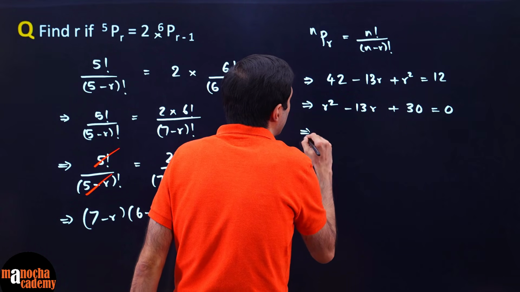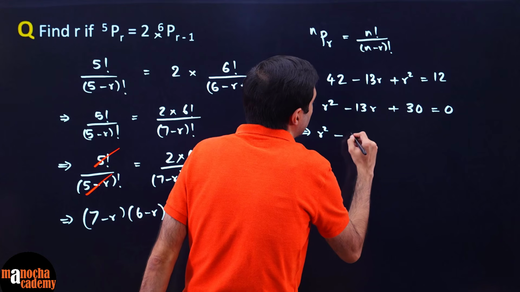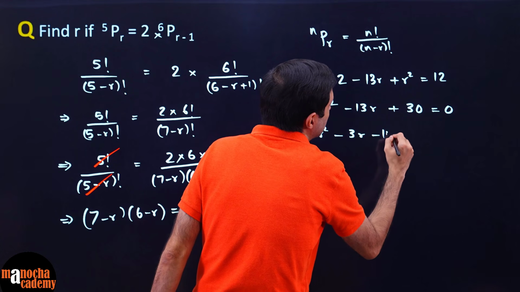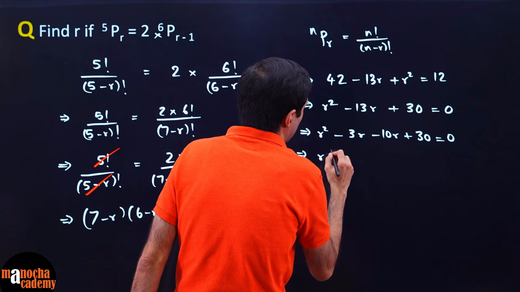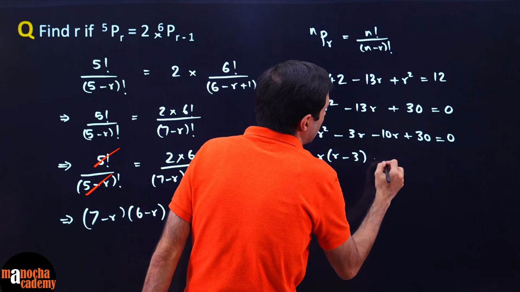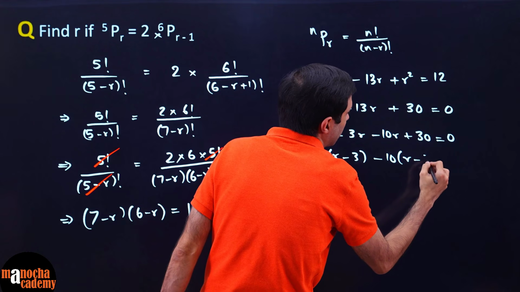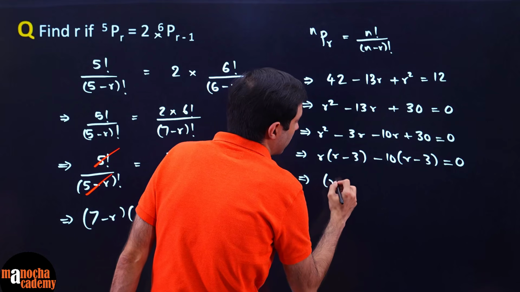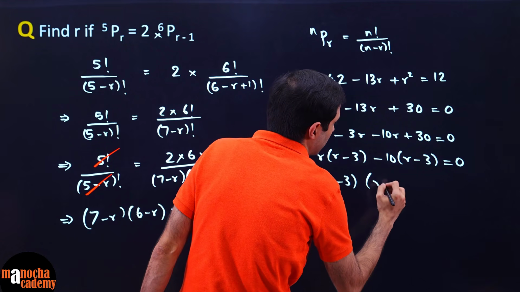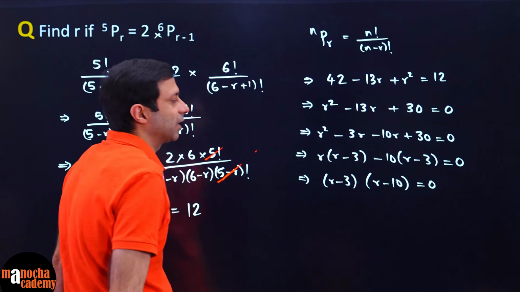So using middle term breaking here, r square minus 3r minus 10r plus 30 equal to 0. So if we take r in common, r times r minus 3 minus 10 times r minus 3 equal to 0. So taking r minus 3 common, we are getting this.